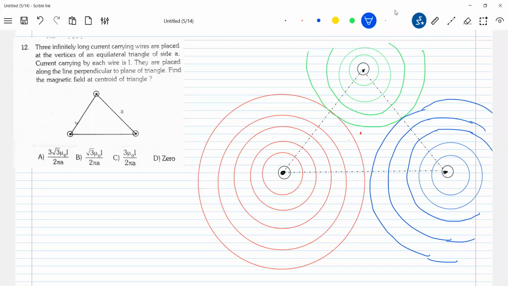I think now with the help of this, you try to check it. So the centroid, let it be here.